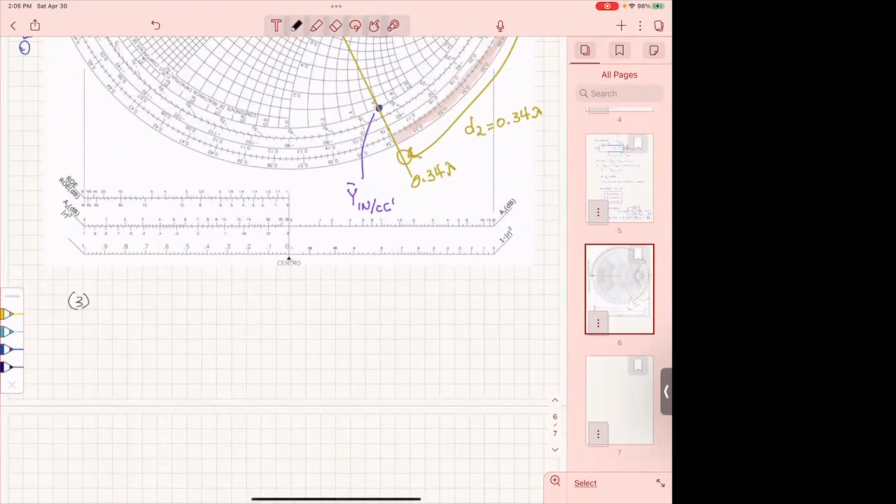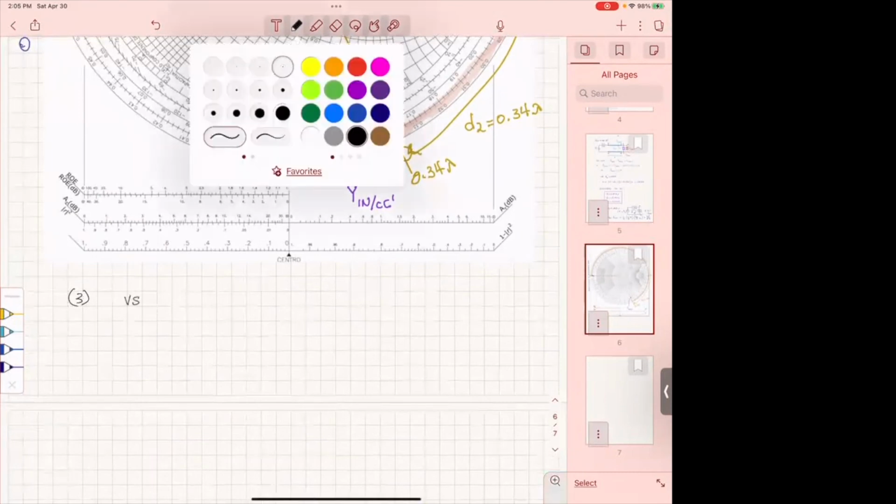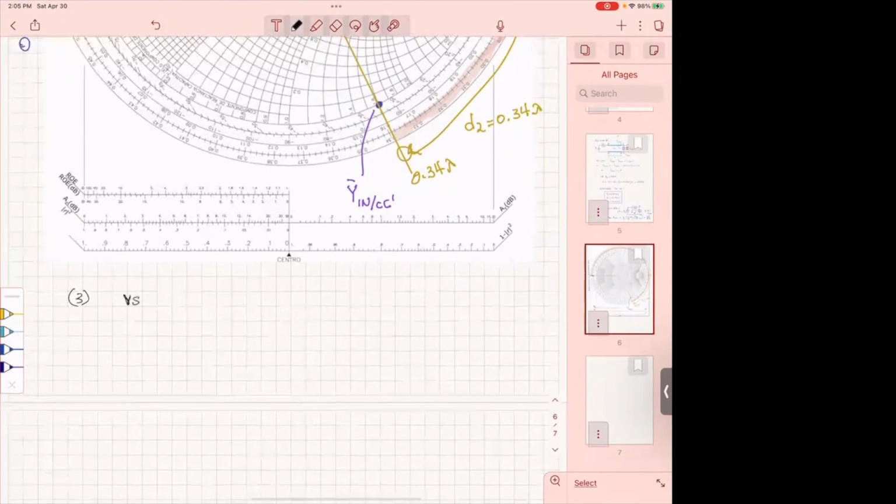So as part of question 3, the VSWR we measured on the line EE prime to FF prime is 4.4.